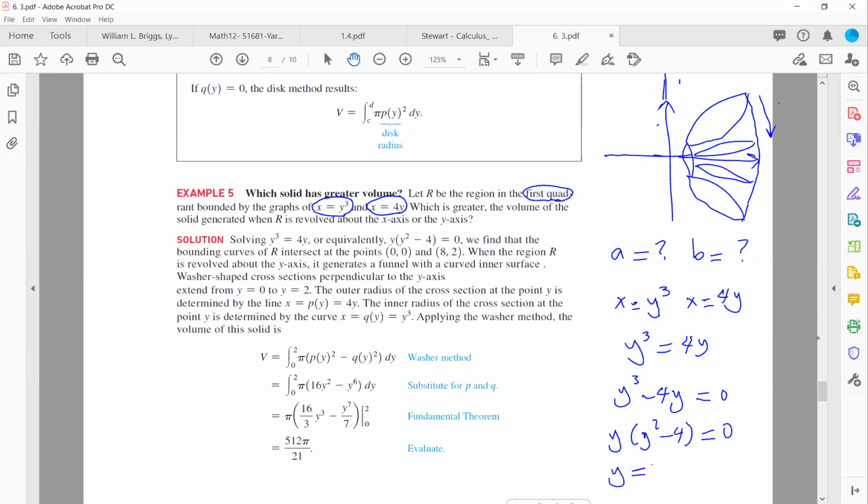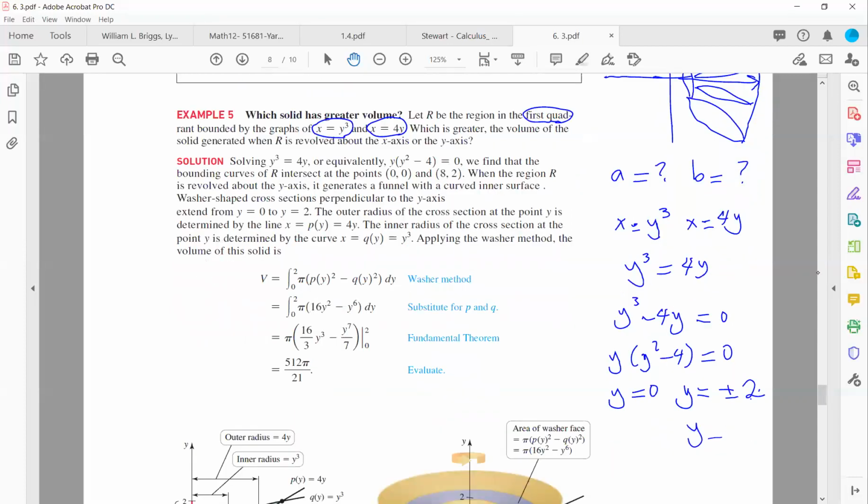So y is equal to 0, y is plus or minus 2. Of course, we are in the first quadrant, y cannot be negative, so y is equal to positive 2.